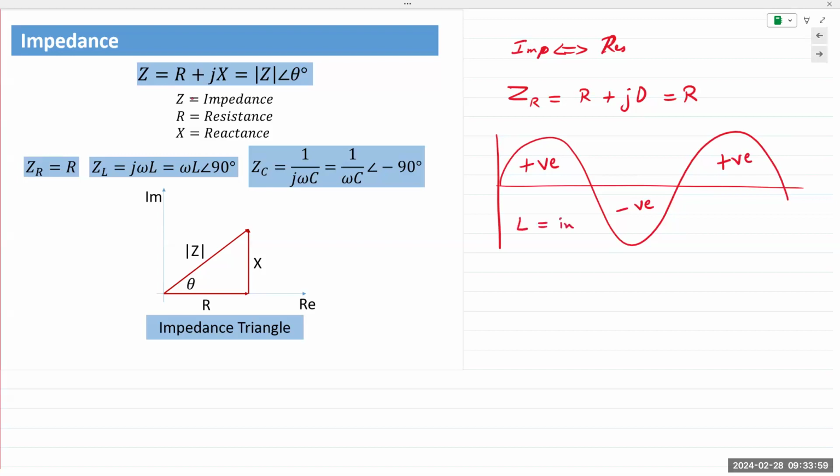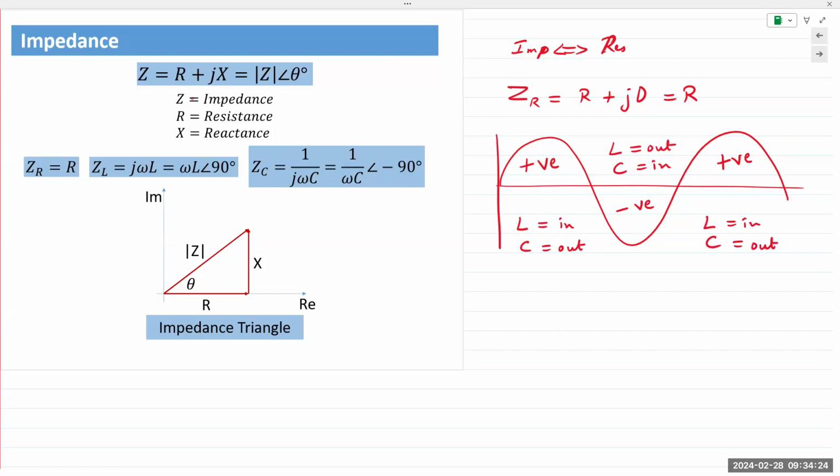So energy in. And for a capacitor, it goes out. In the negative half cycle, for an inductor, the energy flows out, and for a capacitor, the energy flows in. Again, for the positive half cycle, energy flows in, and for a capacitor, it flows out.